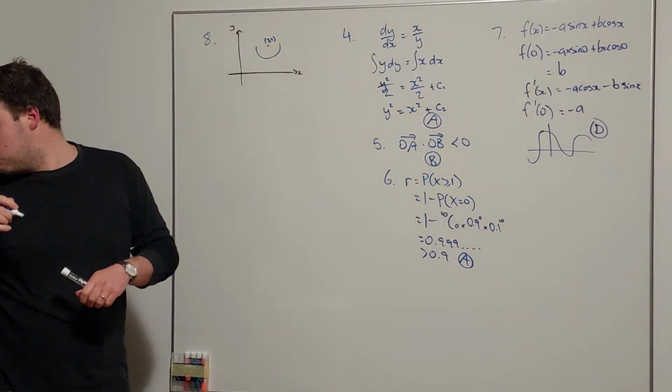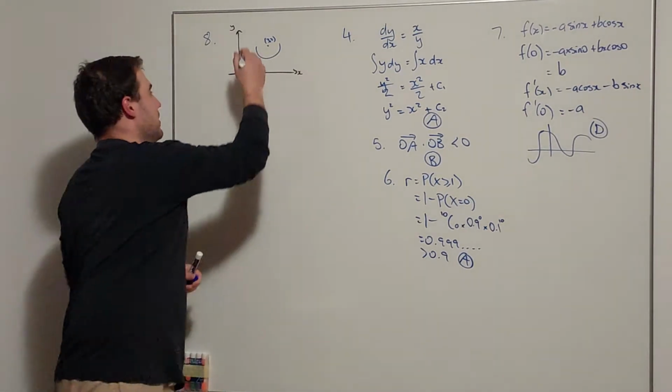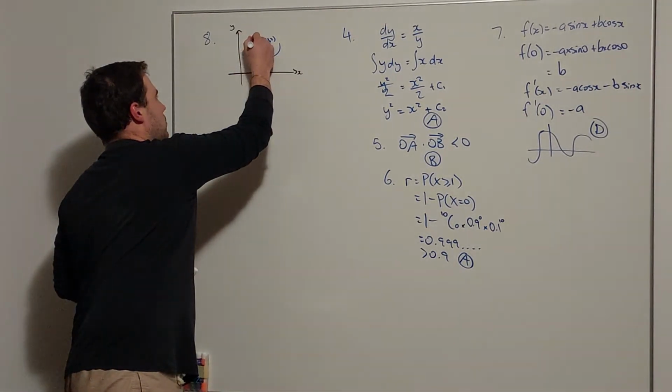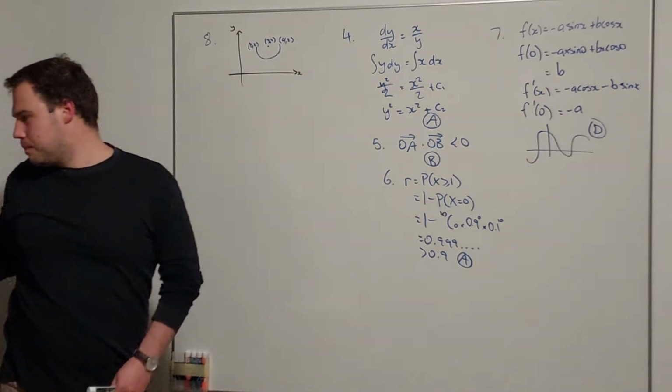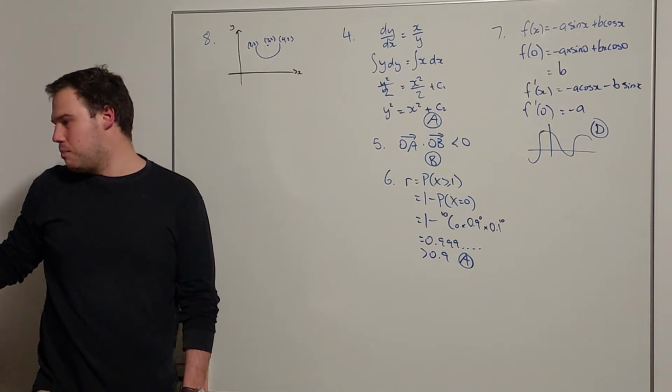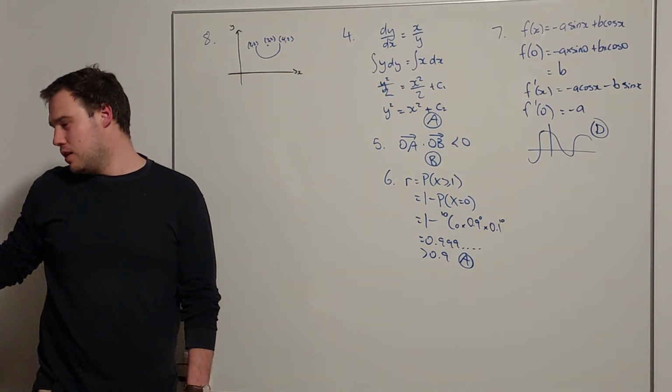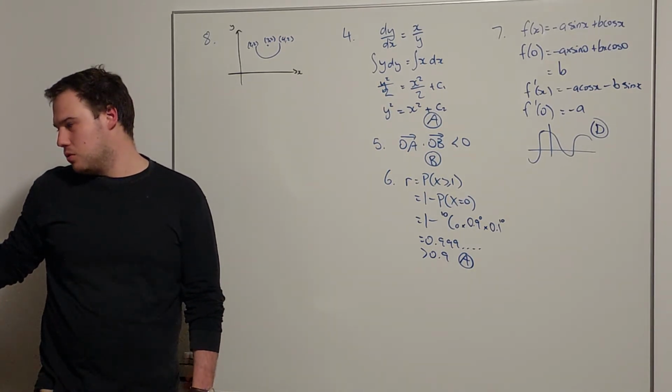Sorry, has a radius of 1. There's heaps of 2's in this problem, so that's 2, 2, and that's 4, 2. Then it says, which pair of parametric equations represents the semicircle shown?